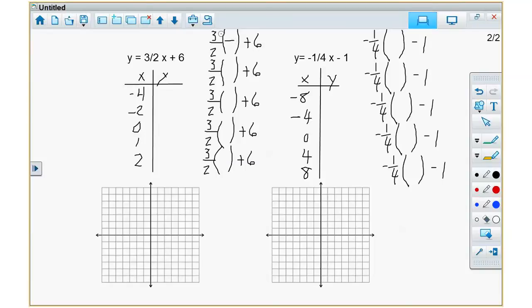Negative what? Negative 4 over 1. Negative 2 over 1. 0, which you could put 0 over 1. You don't have to do that one, but 1 over 1 and 2 over 1.